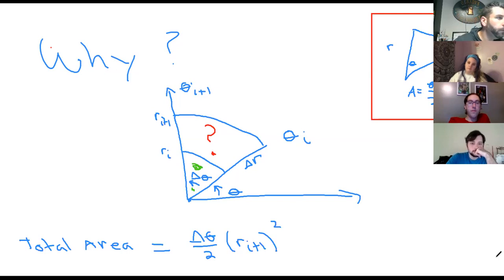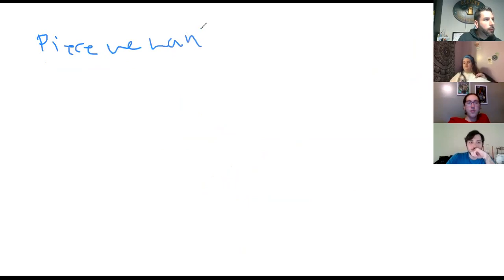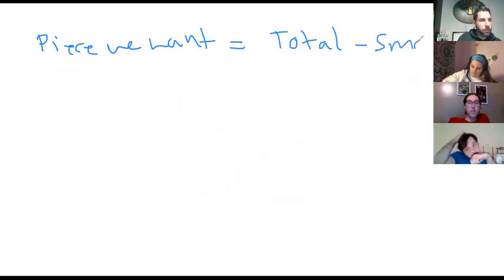So let's make it clear. The piece we want equals total minus the smaller piece. So what is that going to be?